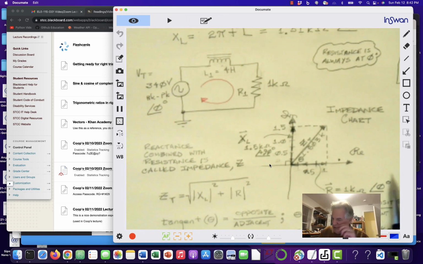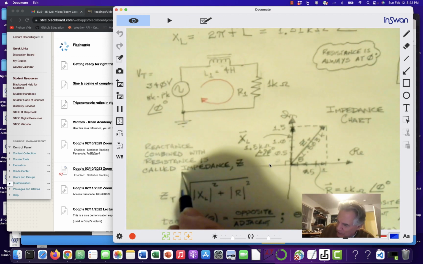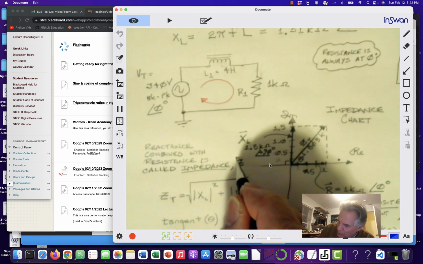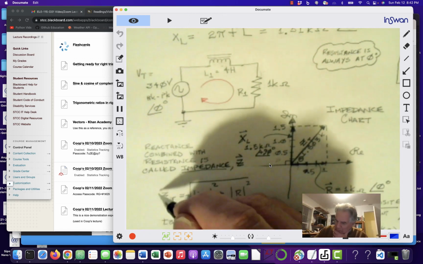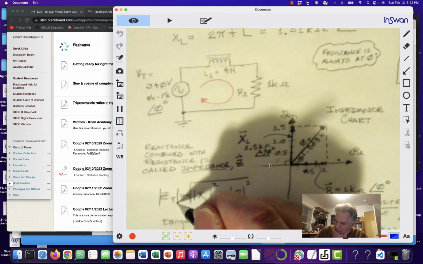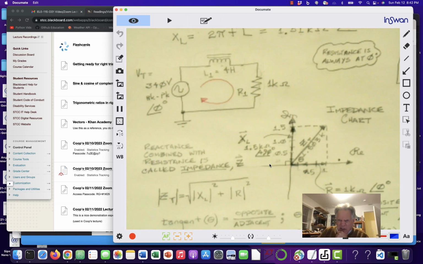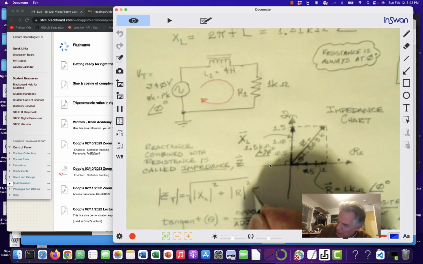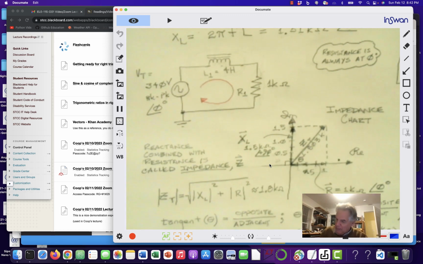So when I'm not at 0 or 90 and it's a combination, then I have what we call impedance, and it too will be a vector. But the magnitude of the impedance, so remember that vectors have magnitude and direction, the magnitude of the total impedance in this case is computed by this, and it's approximately equal to 1.8 k ohms. That's the magnitude. But what about the angle?